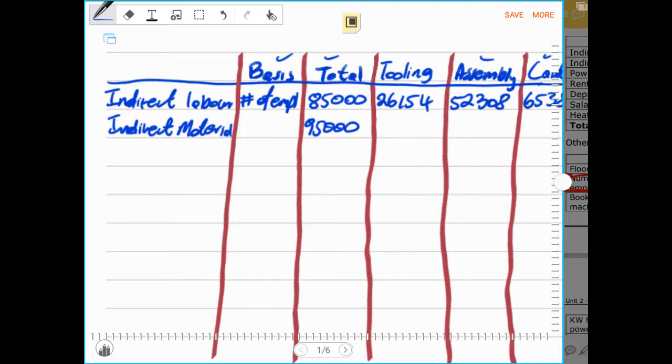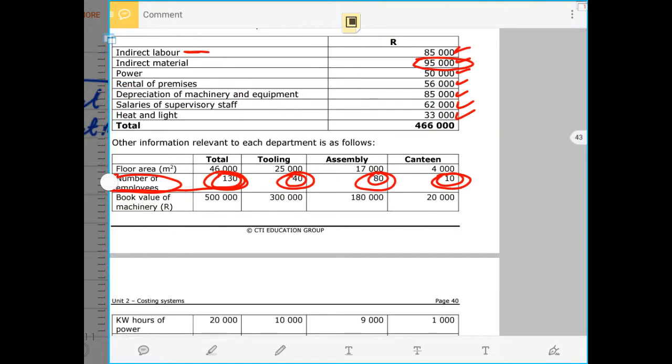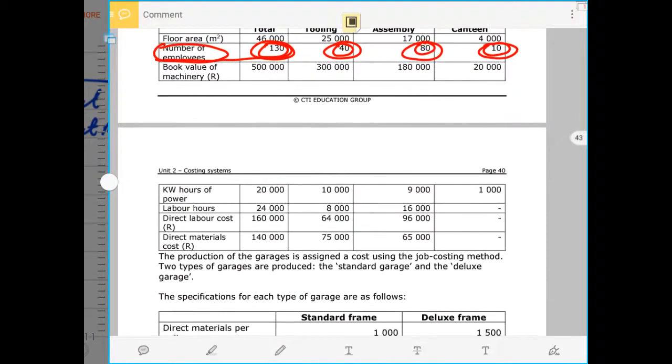Then the base to allocate this will be direct materials. Obviously, the base will have to be direct material, because the more direct material we have, the more indirect material will be needed to produce a product.